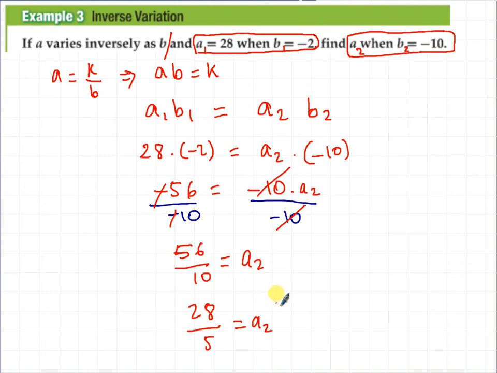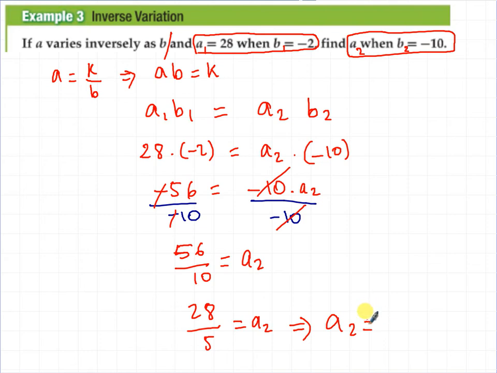You can write a2 as a decimal, but just to tell you about the problem in the practice on the McGraw-Hill platform, if you write it as a decimal, it will consider it as wrong. But it's fine if you write it as a decimal.